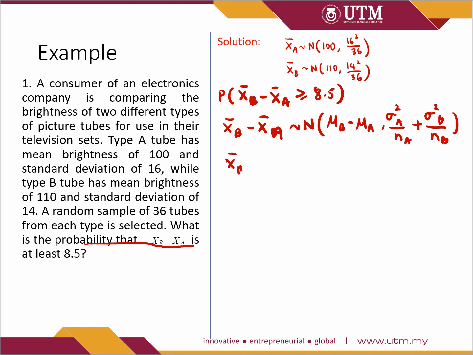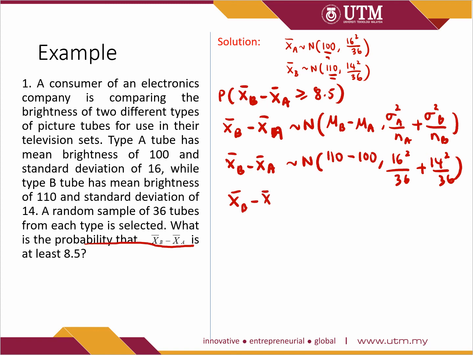So this is equal to 110 minus 100, and the variance would be 16 squared over 36 plus 14 squared over 36. So the distribution of this difference of sample means would be normal with mean 10 and variance 12.56.